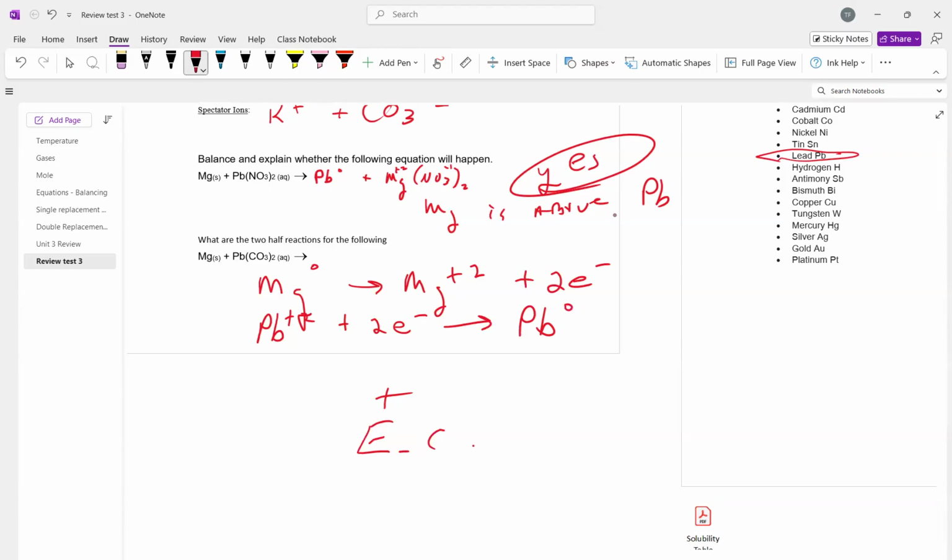Now, test 3 is the most diverse of all the tests. It covered a lot of material. Test 4 is going to be very focused, and test 5 is going to be very focused. We're covering one thing for test 4: stoichiometry, nothing else. Test 5, we're looking at solutions, nothing else.